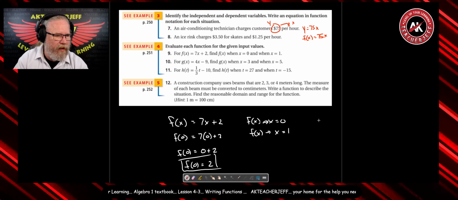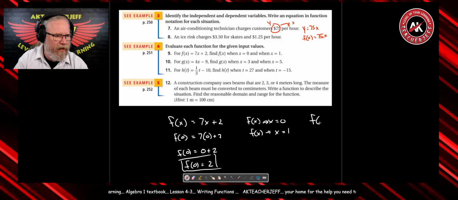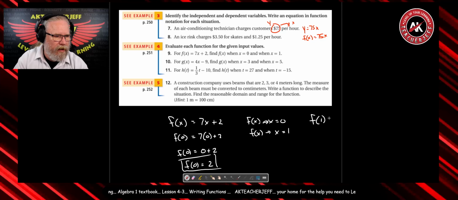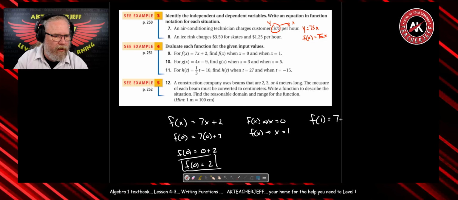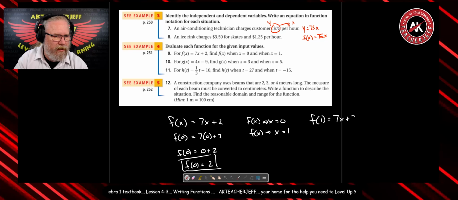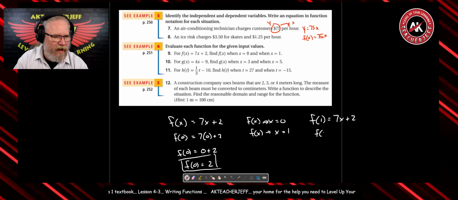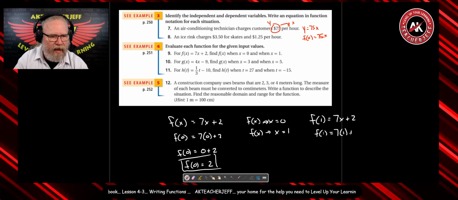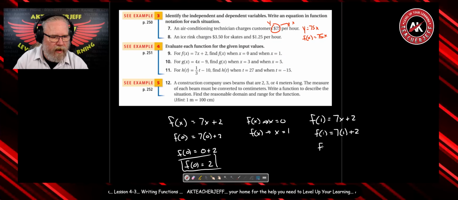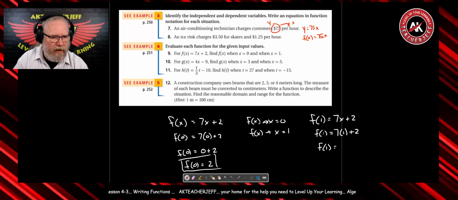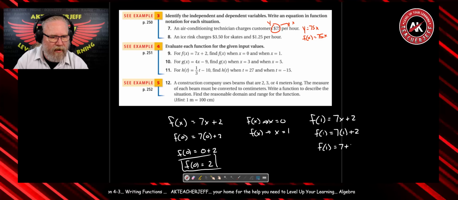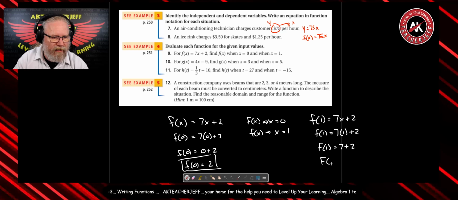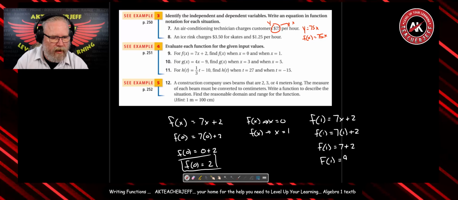And what about f of 1 equals, and then the rule, 7x plus 2. Just substitute 1 in for x. So f of 1 is equal to 1 times 7, 7, plus 2. So f of 1 equals 9.